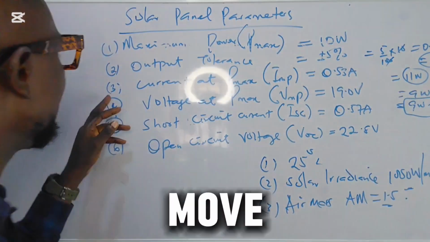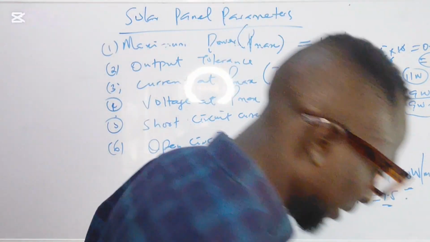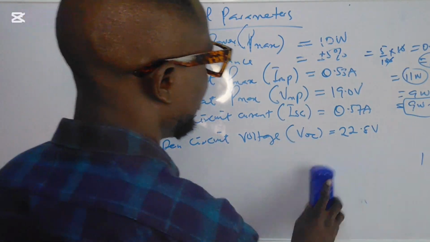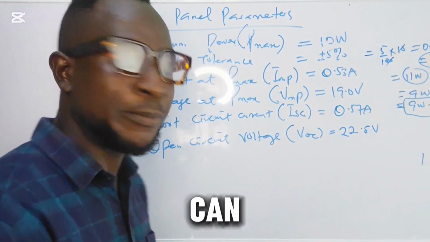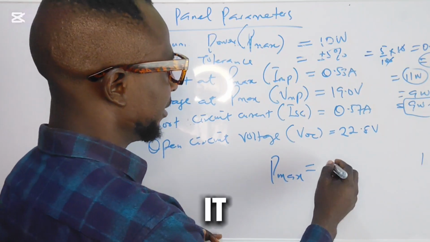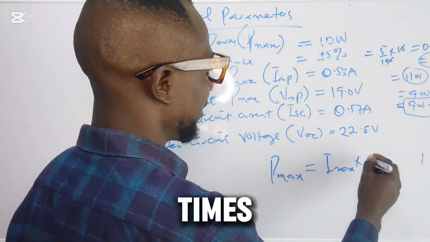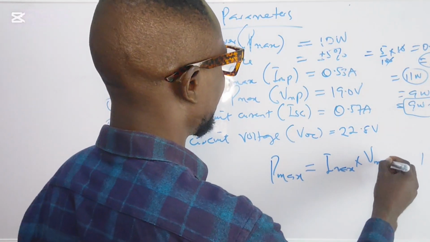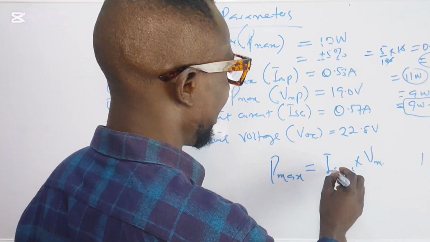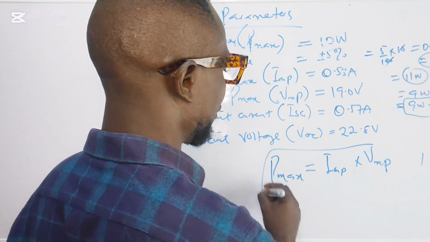Then we move to the current at Pmax. Before then, your Pmax can be calculated. This is the formula for calculating your Pmax: Imp times Vmp.